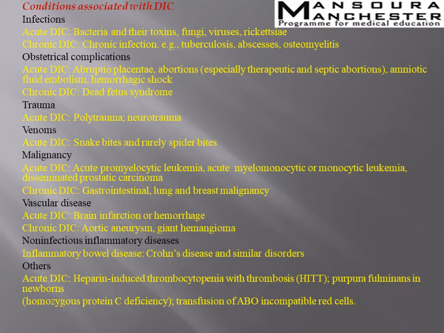Association and pathogenesis of DIC. DIC never occurs in isolation, and recognition that a patient has a clinical disorder which may result in the development of DIC is the key to appropriate investigation and management. DIC may arise in patients with a wide spectrum of disorders, including sepsis, malignancy, trauma, liver disease, and vascular abnormalities.